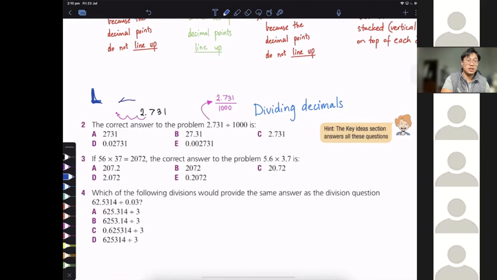Nan, would you like to correct your answer there? Is it still 2731, or would you change it? And Angelina, would you like to correct yours as well? I think you're missing one. Coda, can you type it into the chat, and Ezra as well?